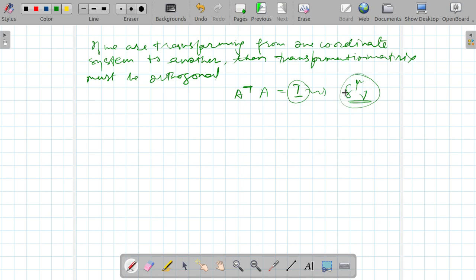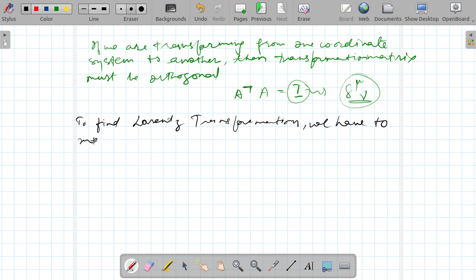Now to find the Lorentz transformation, we have to make use of orthogonal transformation in Minkowski space.